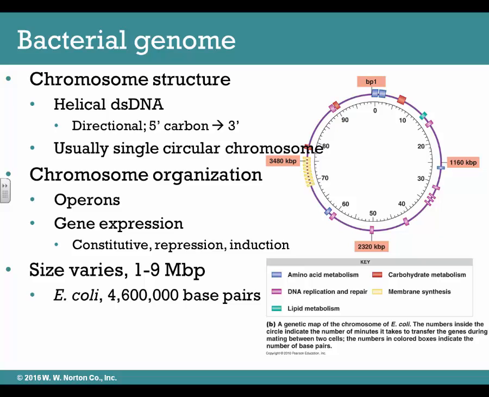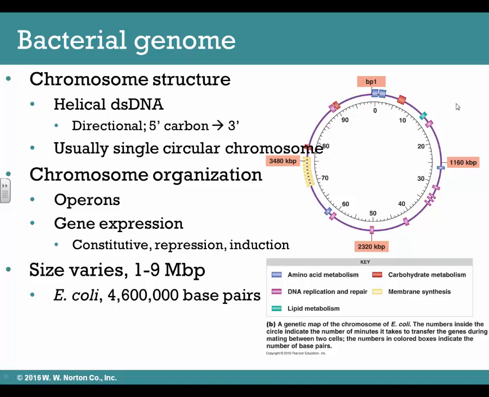So let's just take a moment to look at the bacterial genome in a little more detail and go over some examples. E. coli, Escherichia coli, is very easy to grow in the lab, and so it's been a focus of a lot of research on understanding the genome of bacteria. And here's a map.